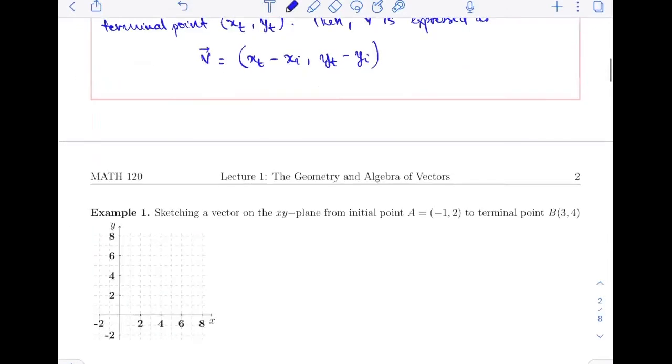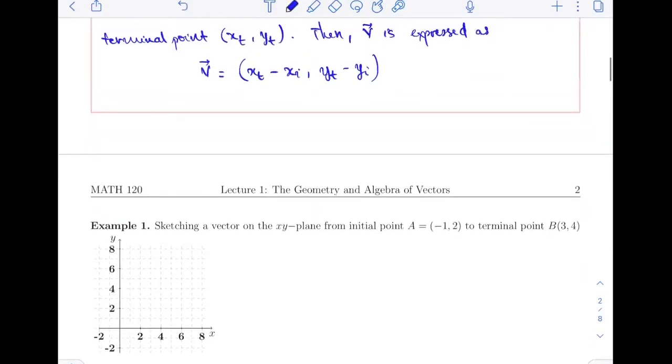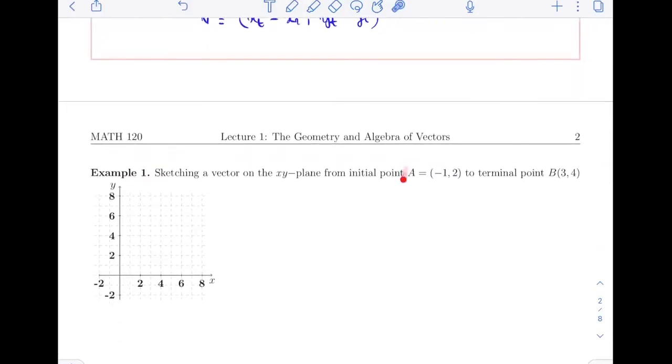Let's take a quick look at an example to apply this new concept that we just learned about the component form of the vector. Given two points, the initial point A equal to (-1, 2) and the terminal point B equal to (3, 4), the vector AB is equal to, because you go from the initial point A to the terminal point B, 3 minus -1, and for the second component, 4 minus 2.